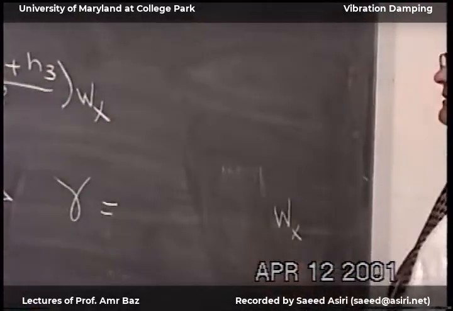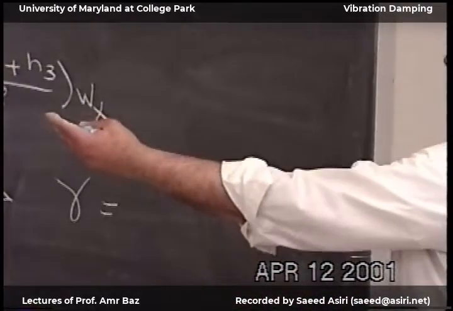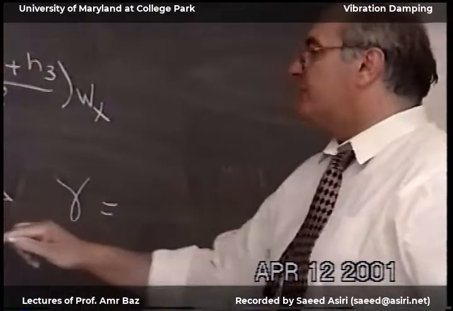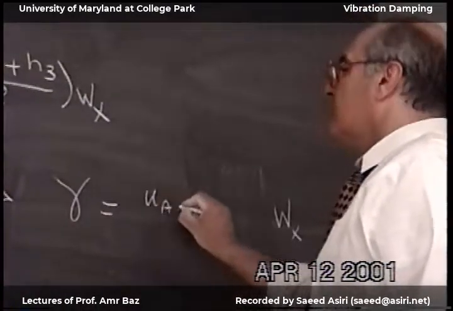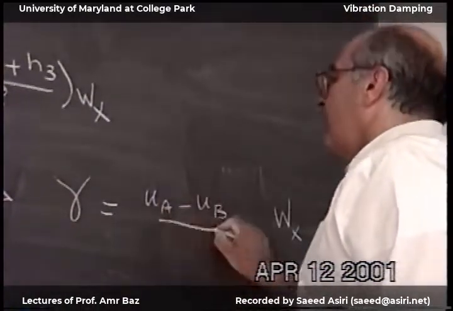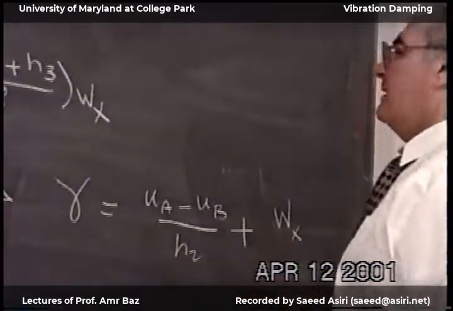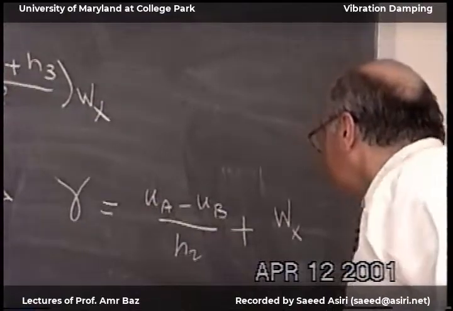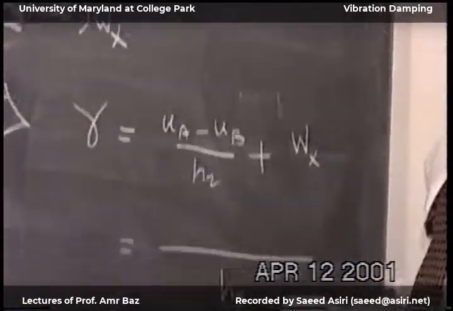Let's take this for a minute, so we don't make a mistake. Gamma, I'll bring it here. So this will be Wx minus this. So this would be UA minus UB over H2, and then it is plus. Okay? So now we can clean it. I'll have everything over H2.